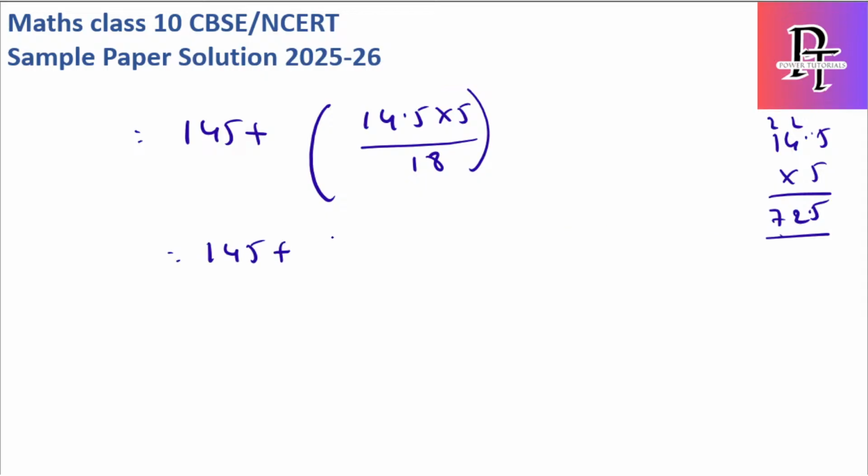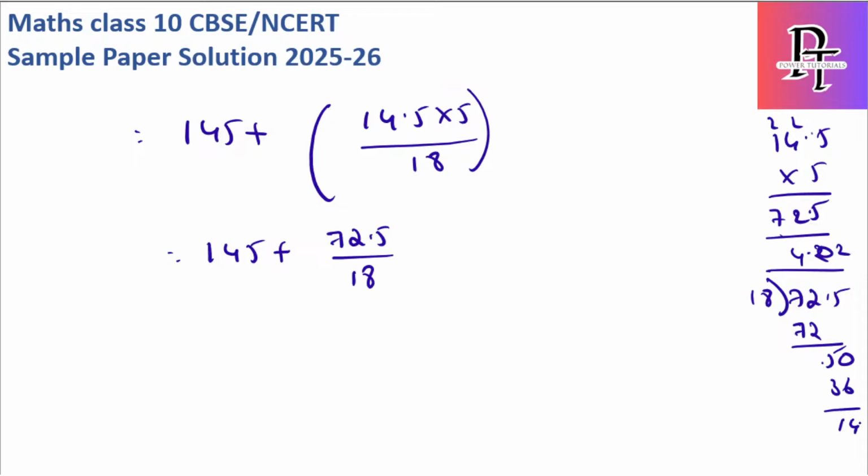So 145 plus 72.5 by 18. 18 fours are 72 only. 18 threes are 54.